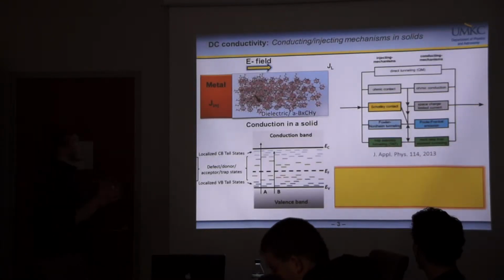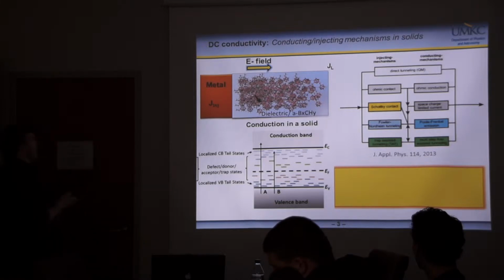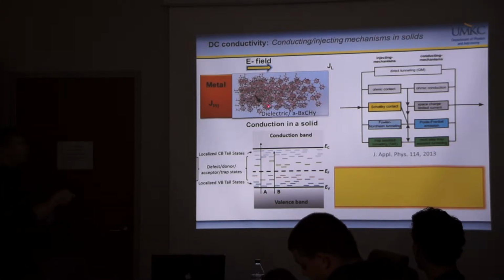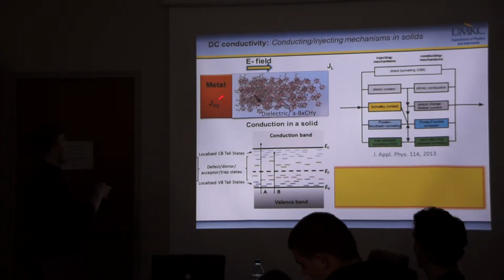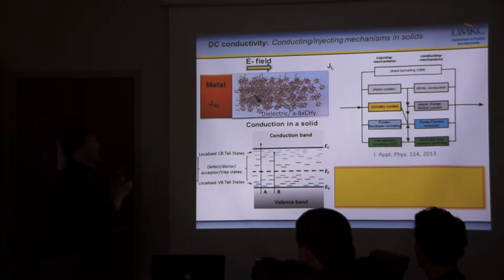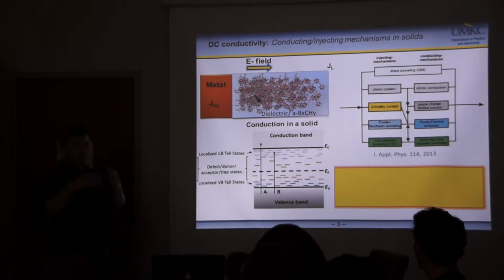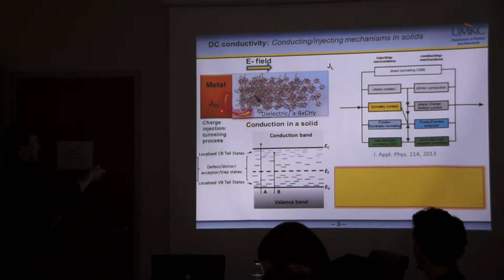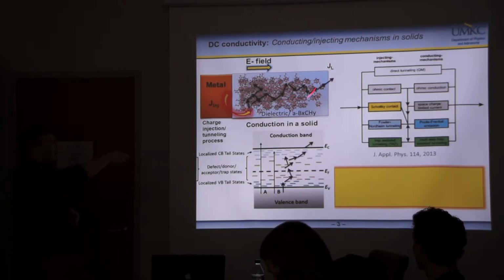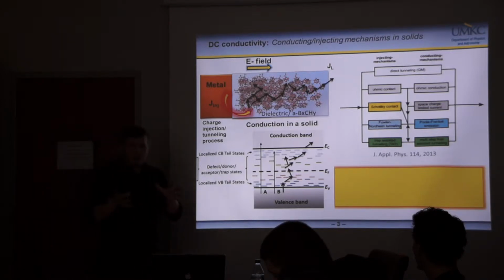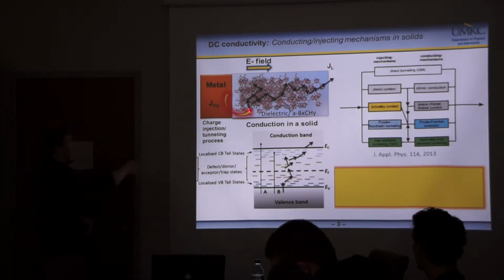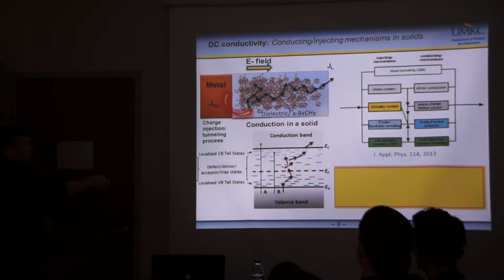For DC conductivity and mechanisms, we have a metal-insulator-metal or metal-insulator-semiconductor structure. There are two types of mechanisms: injecting mechanisms and conducting mechanisms. You want to inject charge from the metal into the solid, and then you have mechanisms in which charge travels through the solid. You can have a percolation type of thing, because it's an amorphous solid. This is more physical, almost like water running through drainage, or electronic, where you're hopping between states.